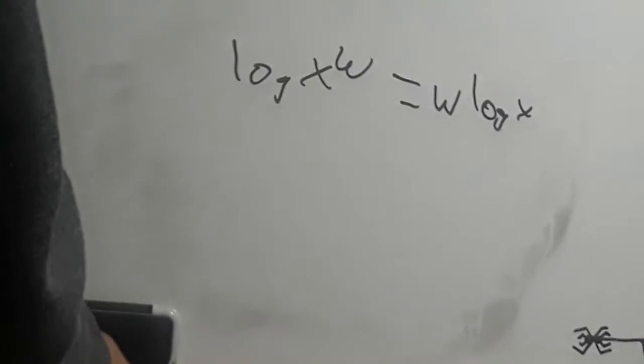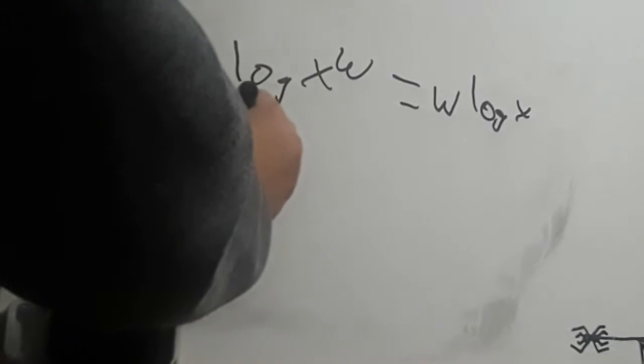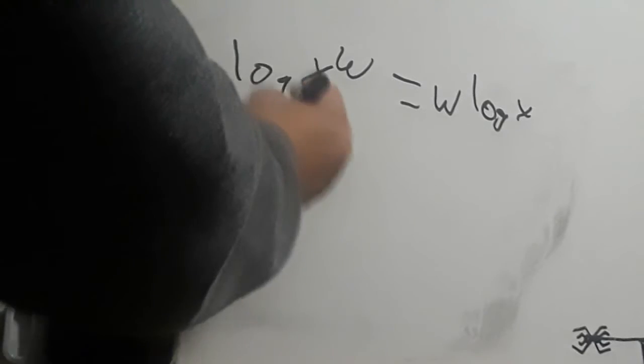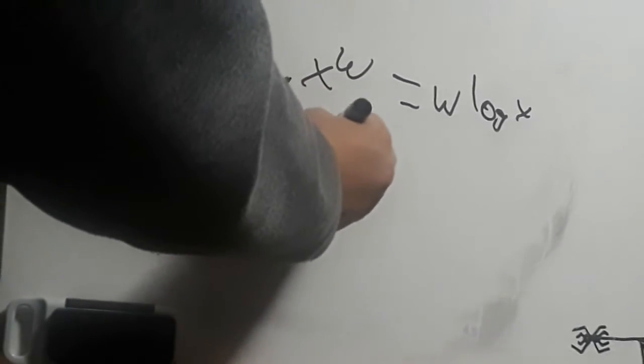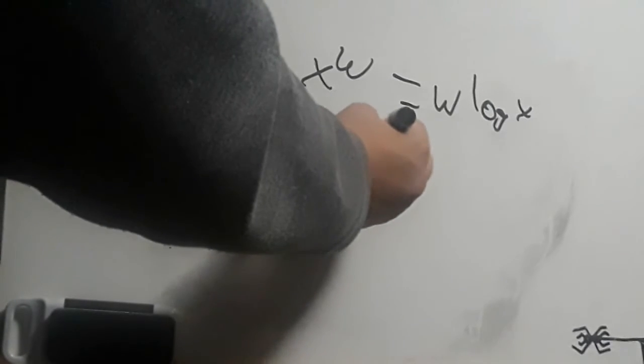Alright, so the next property. If you don't mind, I'm going to erase w as an element of real numbers. Okay, now, the next property is going to be one that's adding logarithms. So, let's call this log x again, plus log z.